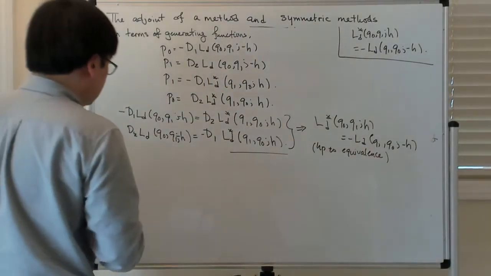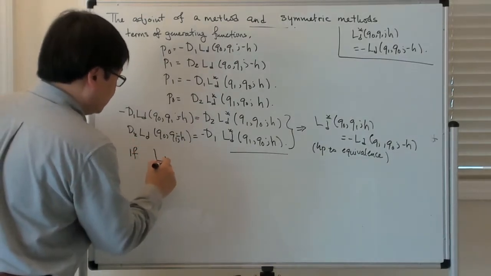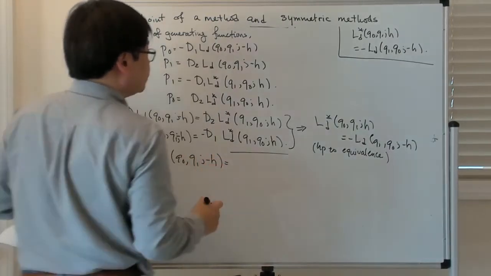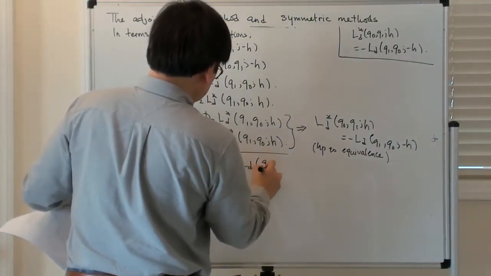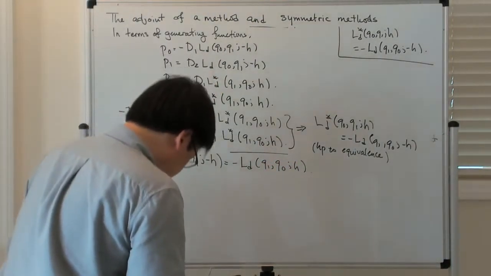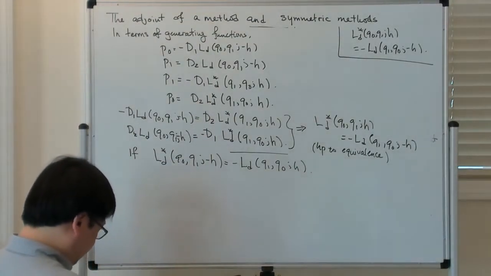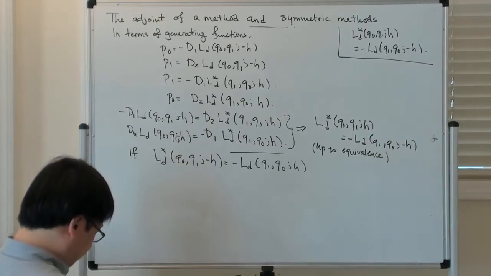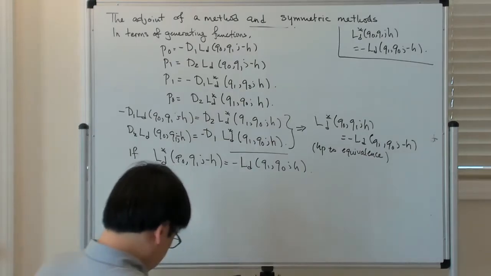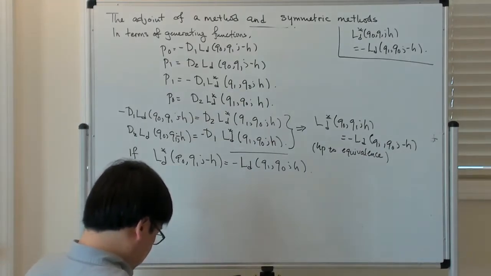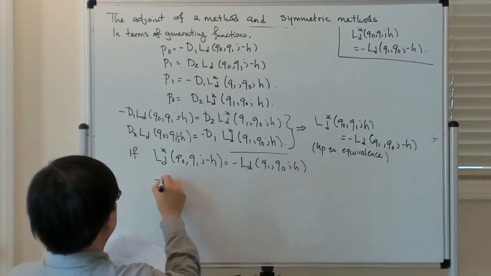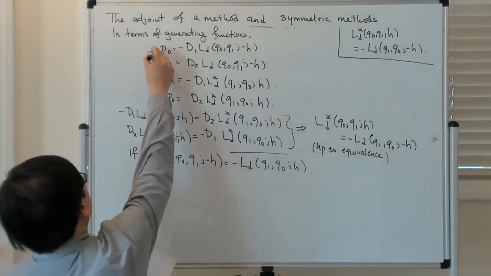Okay, so if on the other hand LD star Q0 Q1 minus H is equal to minus LD Q1 Q0 H, all right, then what happens is that you get, so this implies, if you will, actually these conditions.